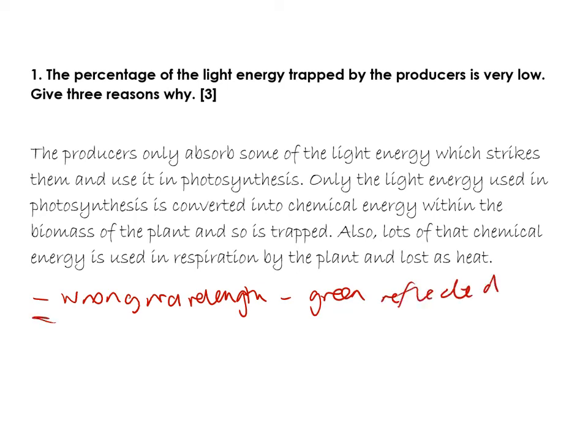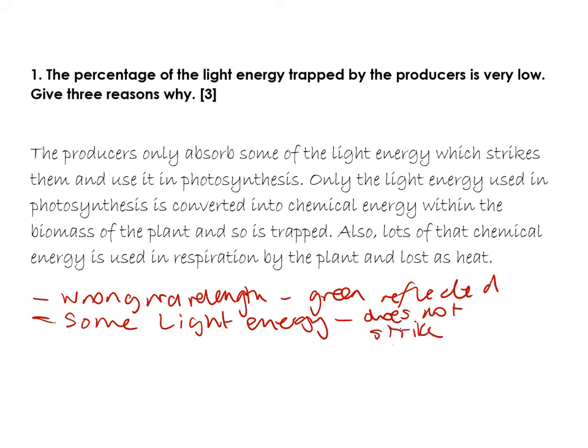They need to be able to say that some of the light energy might be transmitted through the plant, so it does not strike the chloroplast or chlorophyll. They need to have detail.